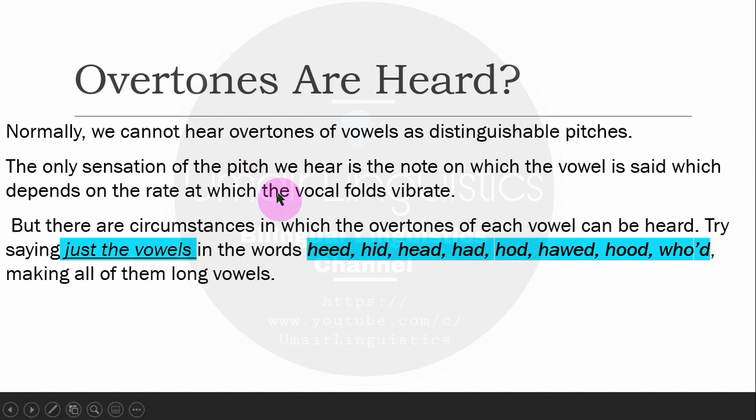However, there are some circumstances, or practices, in which we can hear the overtones of each vowel. For example, if we say just the vowels in these words, making them long, we can notice the difference.